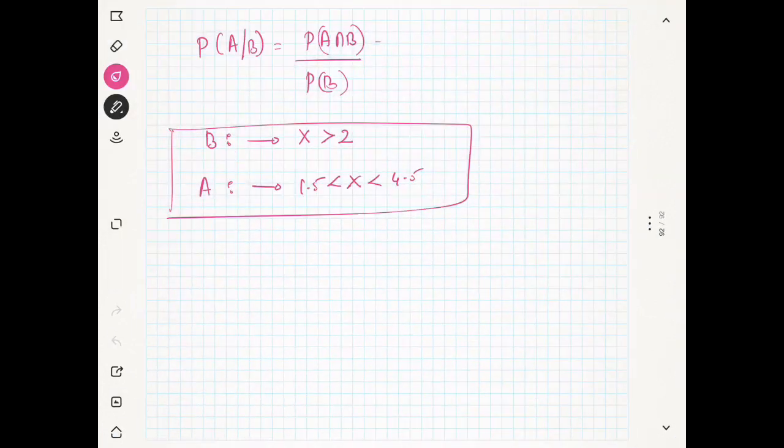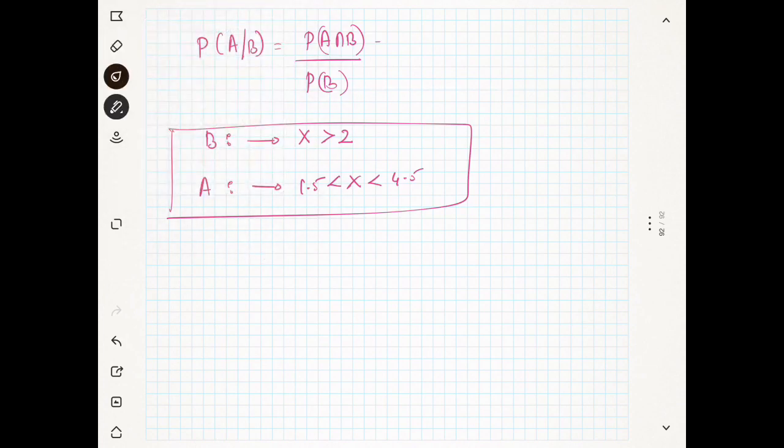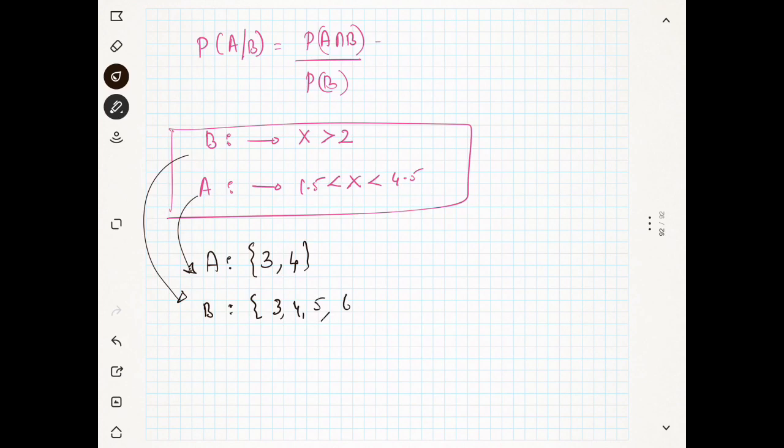A means you have only 3 and 4 because it is between 1.5 and 4.5, and B means greater than 2 as defined. Greater than 2 means you have 3, 4, 5, 6 and 7, right?